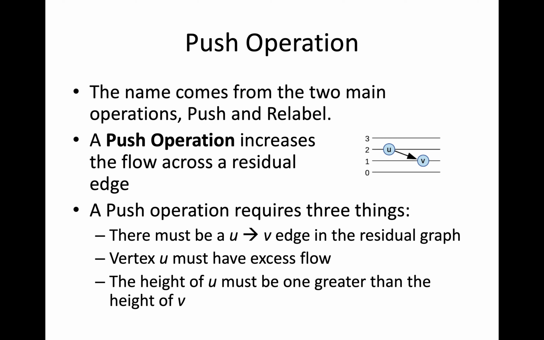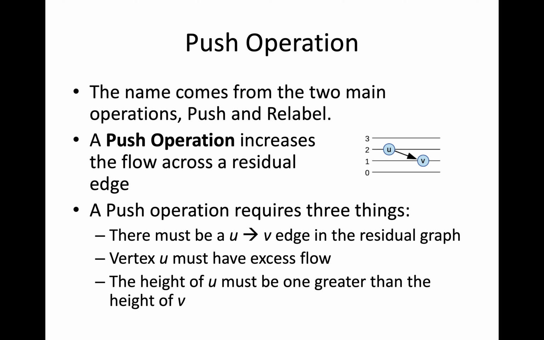And then finally, the height. The height matters. This is what I meant when I said we're going to push commodity gently downhill. You can only push when U has a height that's 1 more than V. We're not going to show it in this lecture, but the reason for this is that it would eventually let us prove a running time bound.